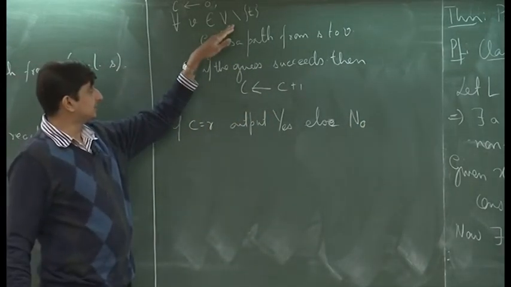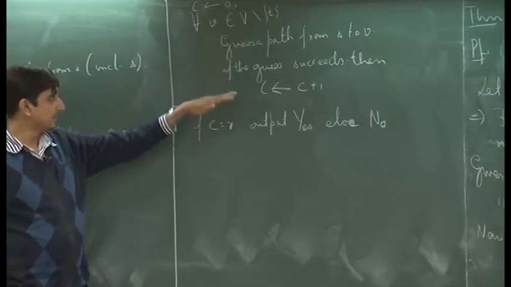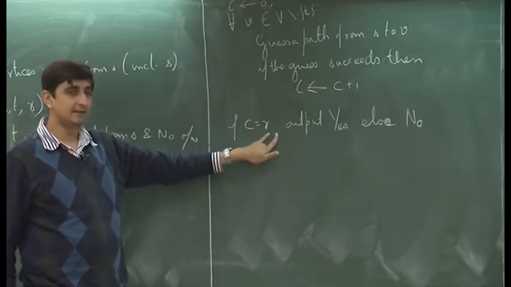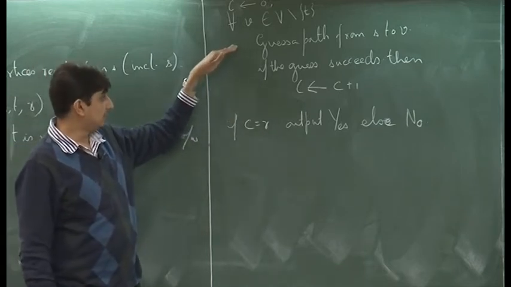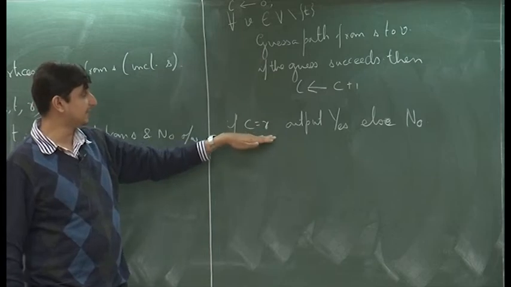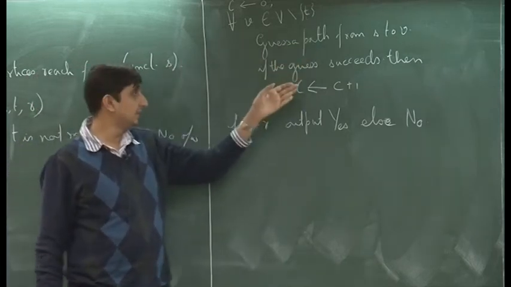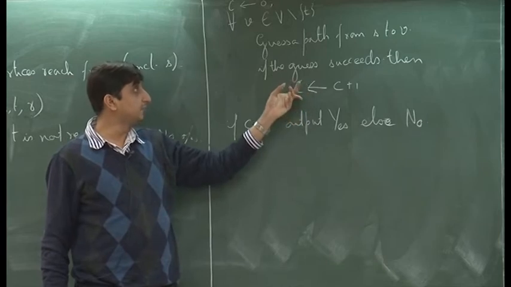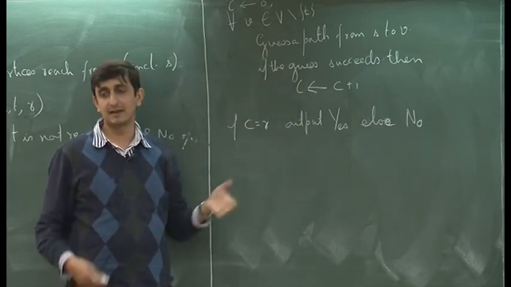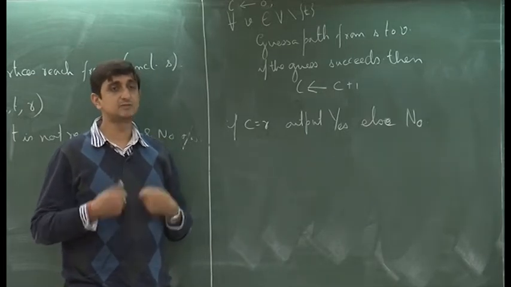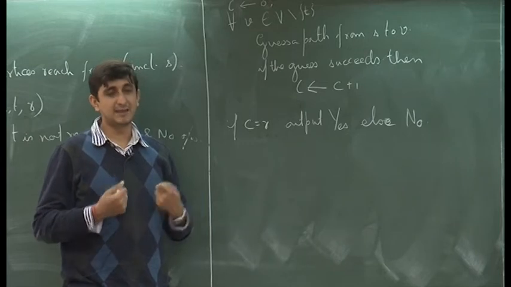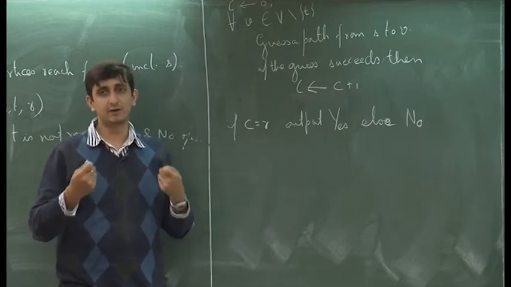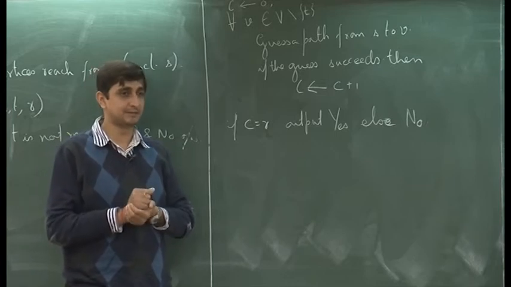We are looking at all vertices in the graph other than T. If the counter reaches R, it means that the number of vertices reachable from S does not include T. The counter can only be at most as large as R, because I never increment the counter for a vertex which is not reachable from S. There can be many computation paths along which the counter is strictly less than R, where there was a vertex reachable from S but I was not able to guess a path properly.